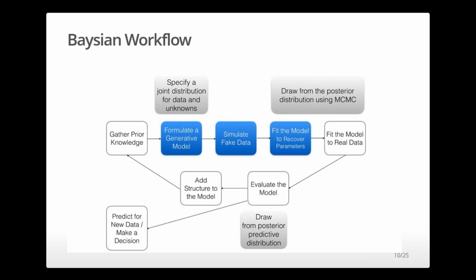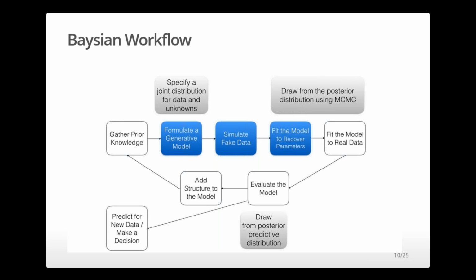So all this together constitutes what we call the Bayesian workflow. Steps 1 and 2 specify a joint distribution for the data and unknowns. That's the product of steps 1 and 2 on the previous slide, and that constitutes what we call a generative model.